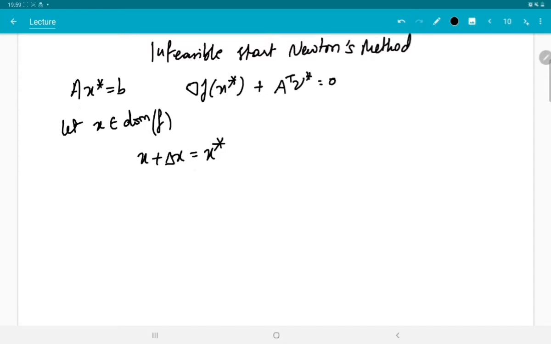And now we substitute this value in the KKT conditions. So now we have A(x plus delta x) equal to b, and actually this is an approximation, because this is what we wish to do.